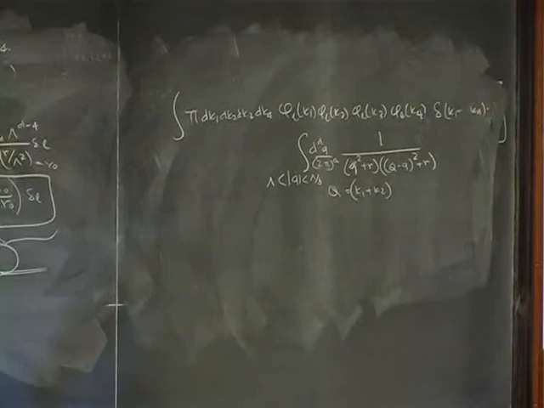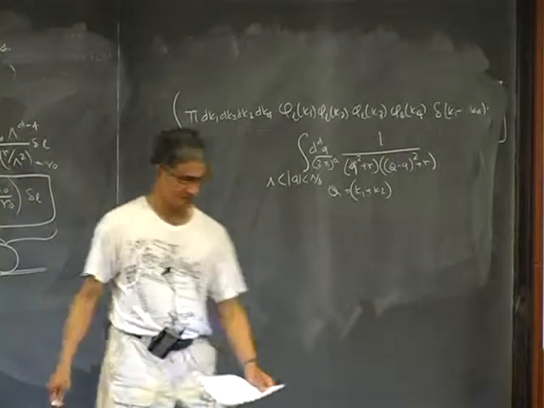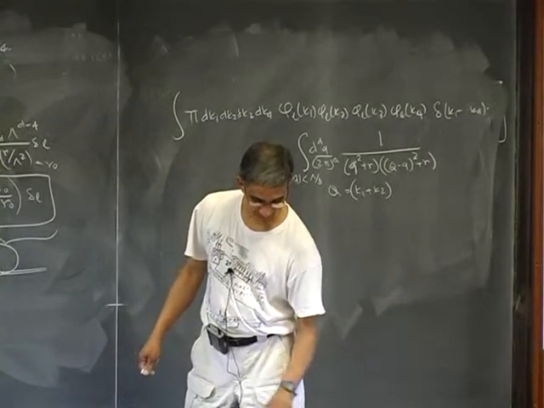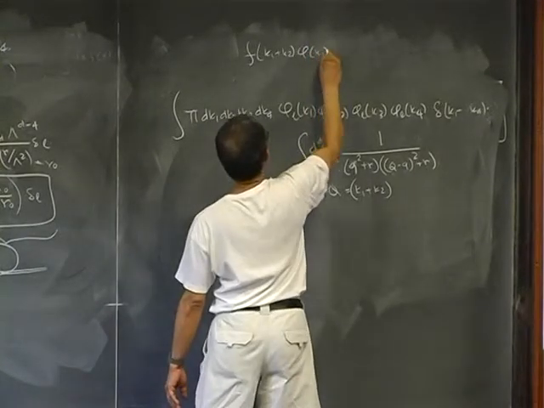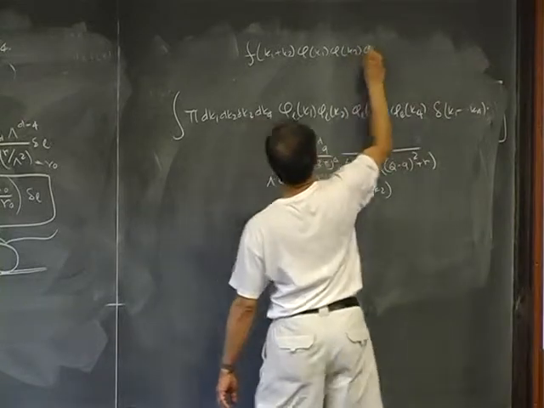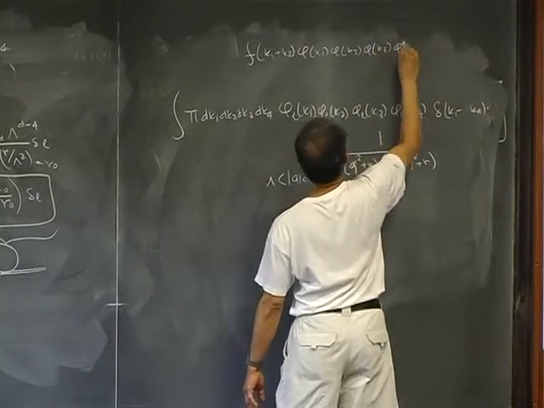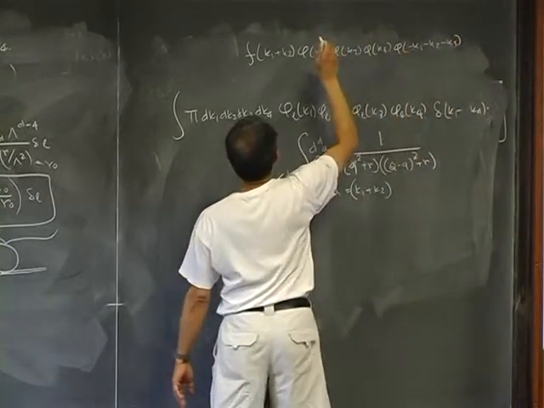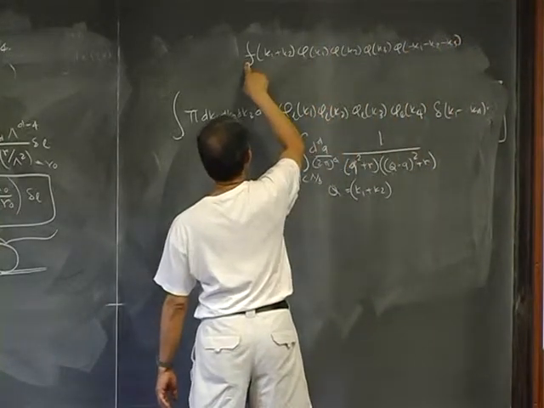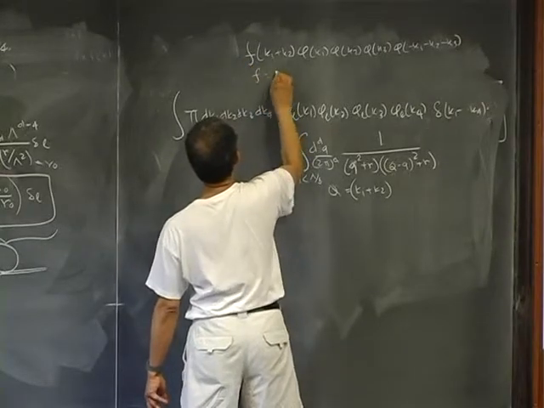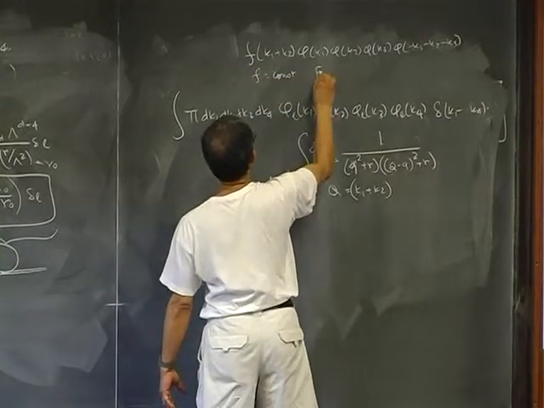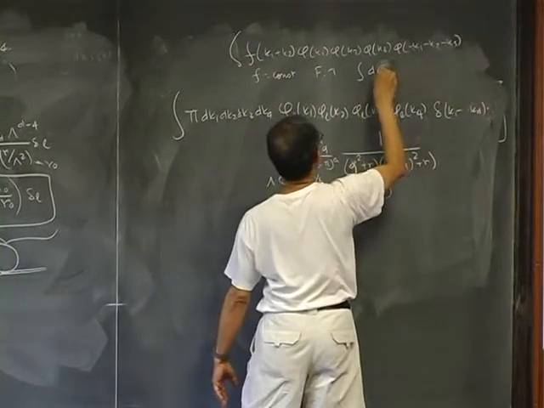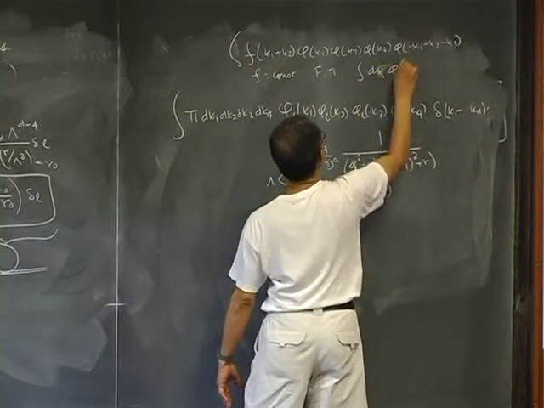But if there is a function of momentum f multiplying phi k1, phi k2, phi k3 and phi of minus k1 minus k2 minus k3, if this function was a constant, the Fourier transform would be just the integral of dx phi to the fourth.